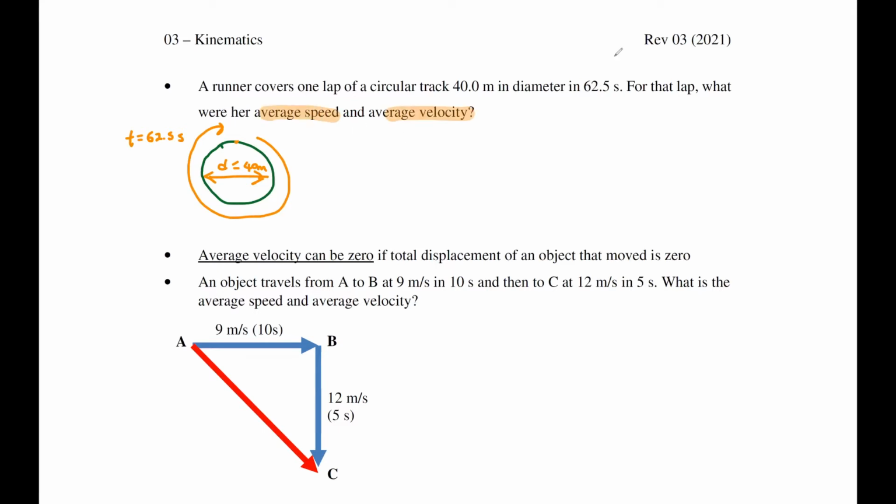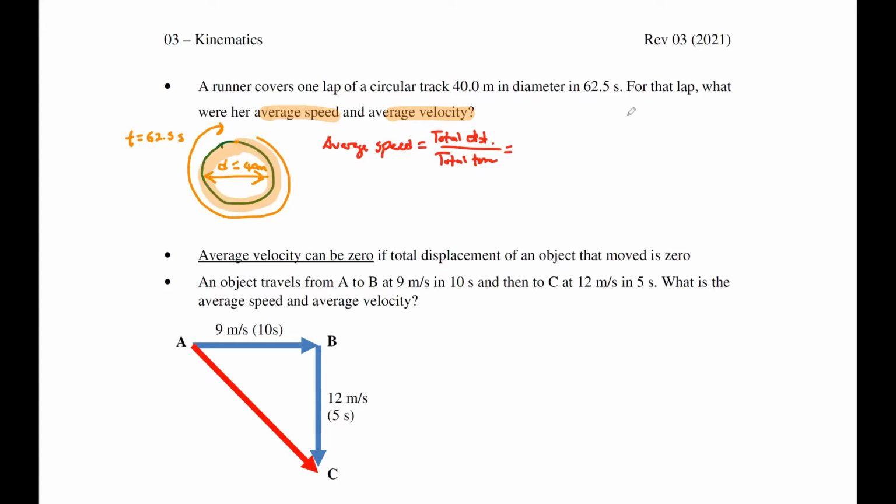Now, based on the definitions for average speed just now, average speed is actually total distance divided by total time. Now your total distance here is actually the circumference of your circle.